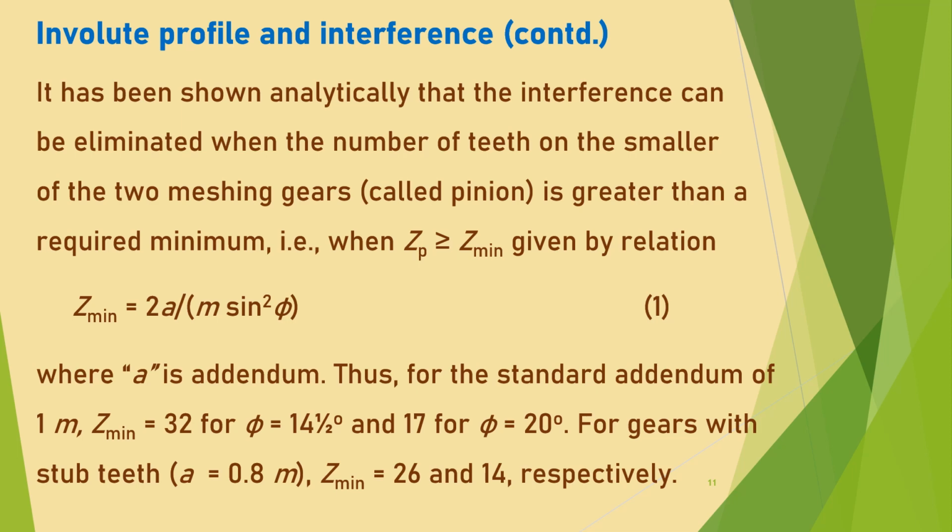Thus, for the standard addendum of one module, Z minimum is equal to 32 for pressure angle phi equal to 14.5 degrees and 17 for pressure angle phi equal to 20 degrees. For gears with stub teeth, that is addendum equal to 0.8 module, Z minimum is equal to 26 and 14 respectively.